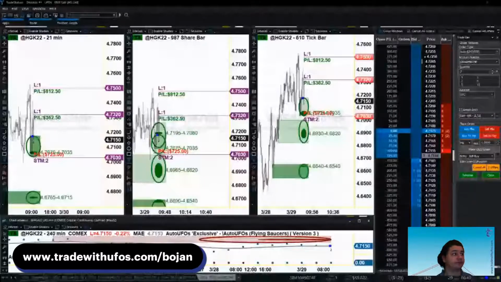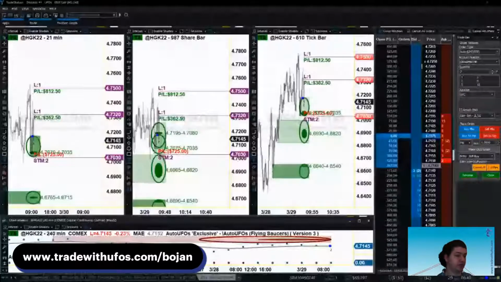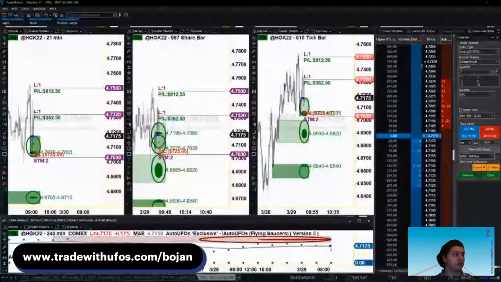And as I said, we're risking, trying to make 362.5 plus 812.5, 1175. If we calculate that, oh, I wasn't looking for a break even.